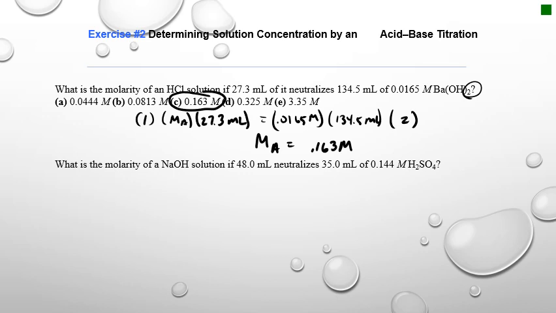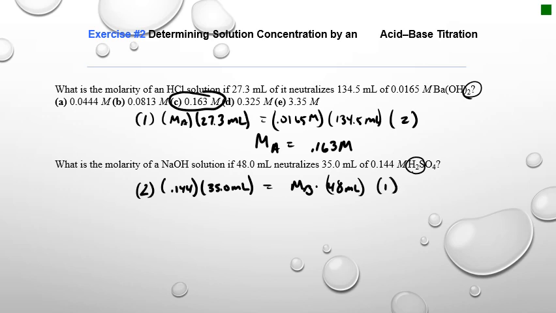For our last problem, what is the molarity of NaOH solution if 48 milliliters neutralizes 35 milliliters of 0.144 molar H2SO4? So for this problem, again, we can take the 2 for the number of hydrogen ions in the sulfuric acid. We have the initial molarity, 0.144, and we have 35.0 milliliters. And that's equal to the base molarity times 48 milliliters times 1 for my number of hydroxides per molecule.